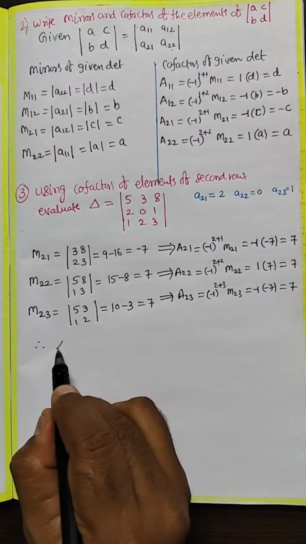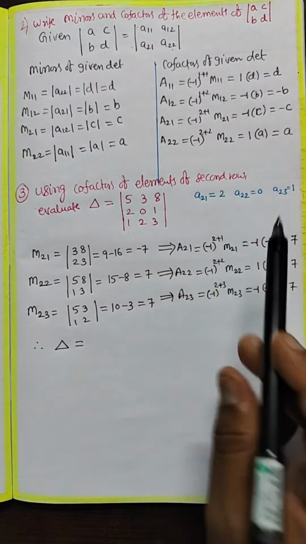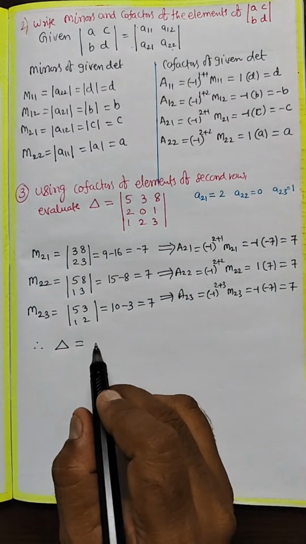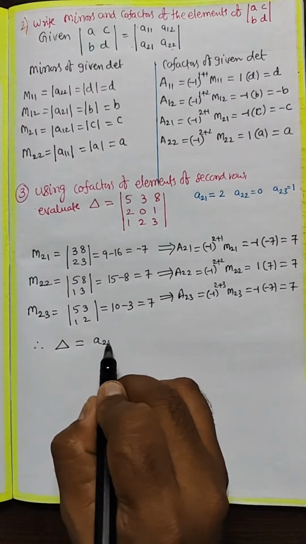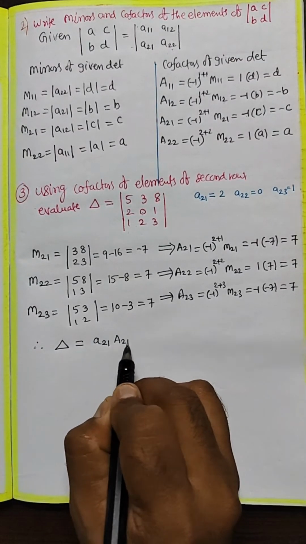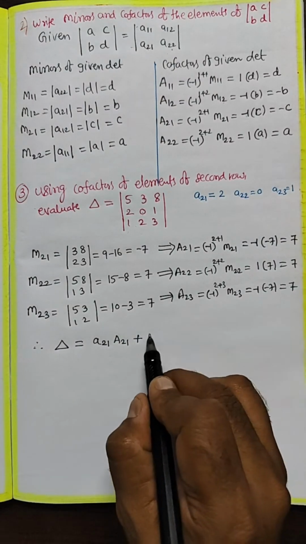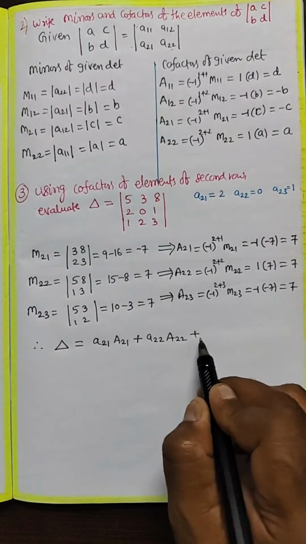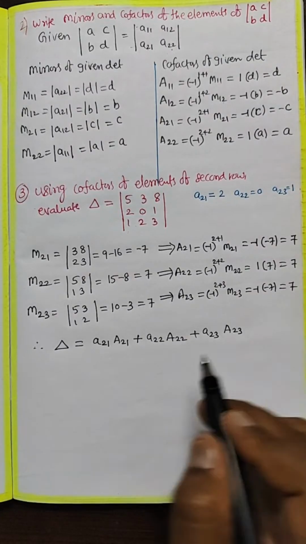Therefore delta is equal to cofactors of elements of second row. Second row means this one. So what I want to write is a21 into capital A21, this is the definition of determinant, plus a22 into capital A22 plus a23 into capital A23. So we know the values.